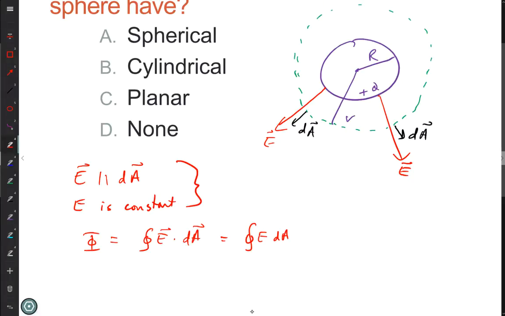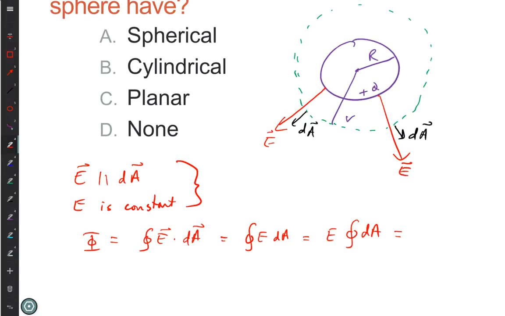But if E is a constant, what does that become? And by definition, what's the integral over the entire surface of dA? Now, how much calculus did we do here? Really none. But we had to understand what is meant by the calculus and what is meant by Gauss's law.